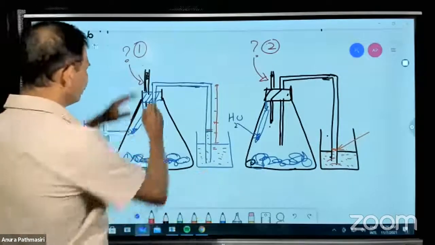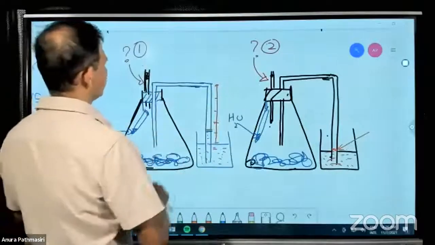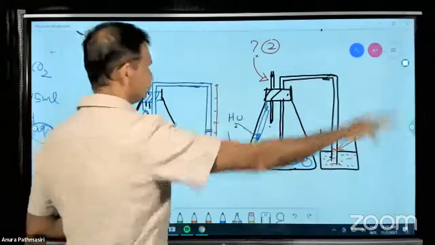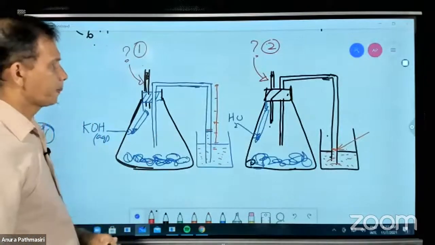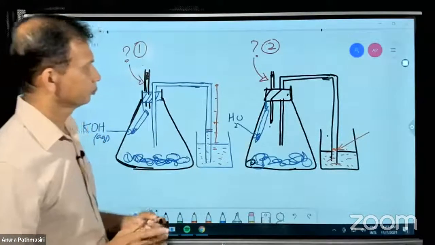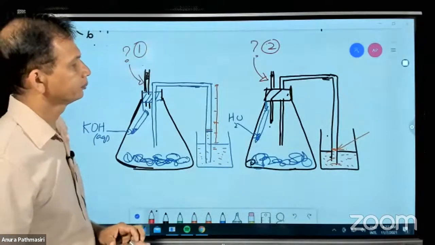Well, easily, without this rubber tube, you can straightway use this one, right? Without rubber tube, no rubber tube is used. Why?